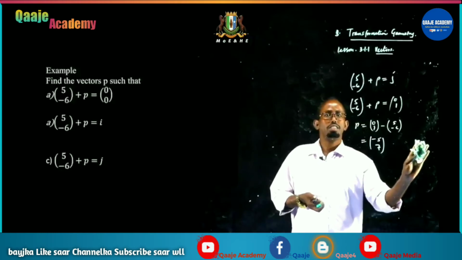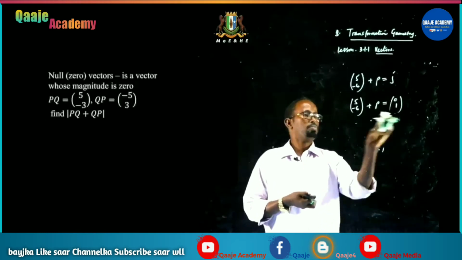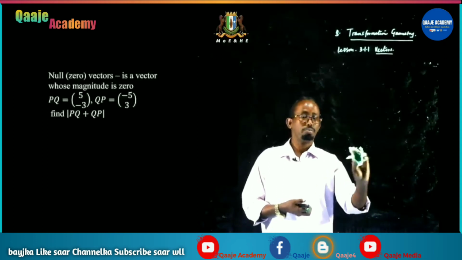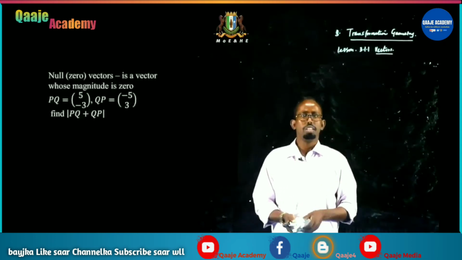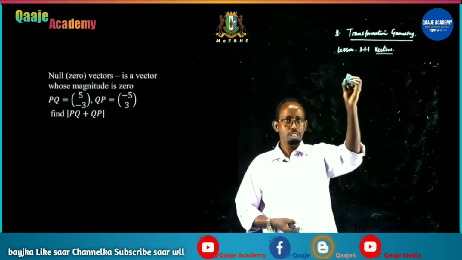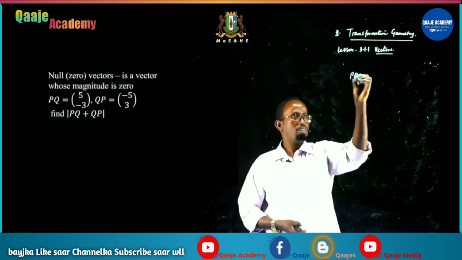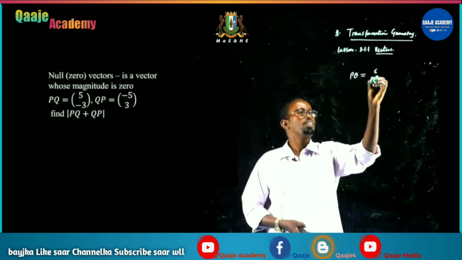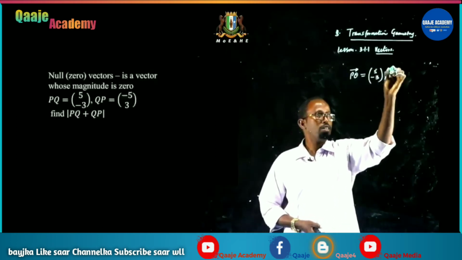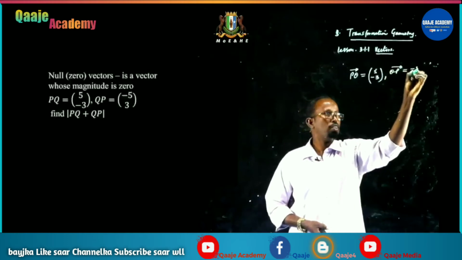The next one is null or zero vectors. A null or zero vector is a vector whose magnitude is 0. So we have PQ, (5, -3), and then QP, we have (-5, 3).